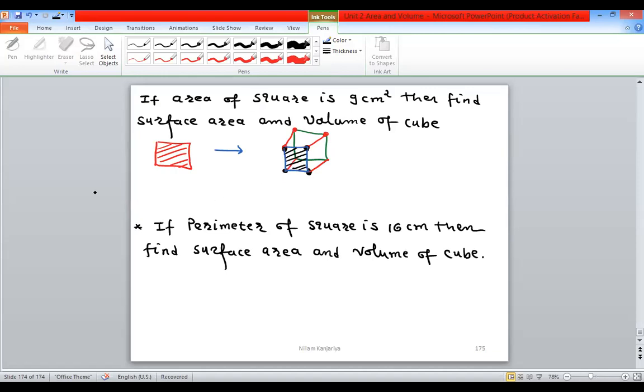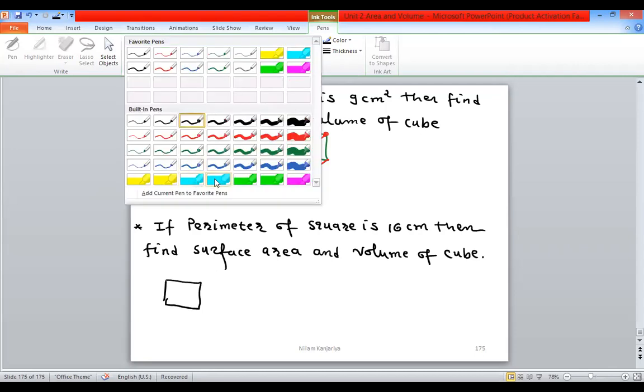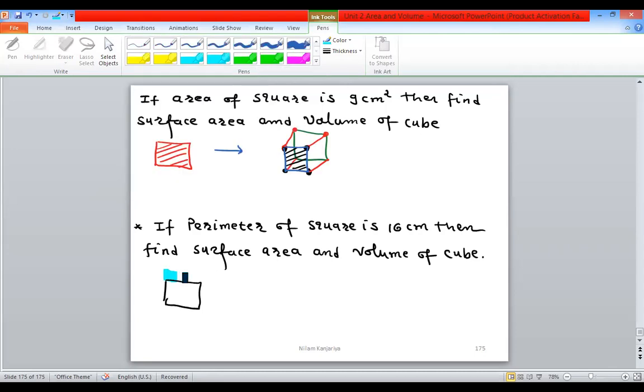It's a 3D figure, so it's hard to explain every time. You just tell me the surface area. This is one part you have. So what can you do? The same thing in the second example. You have the perimeter of the square. This is your square, and this upper part is the sum of all sides.